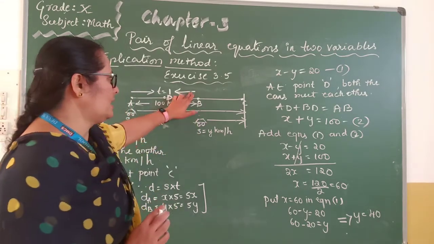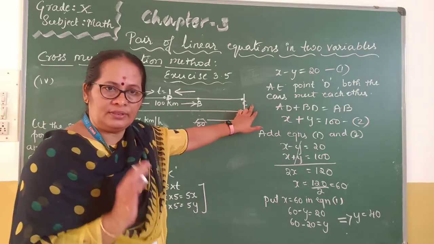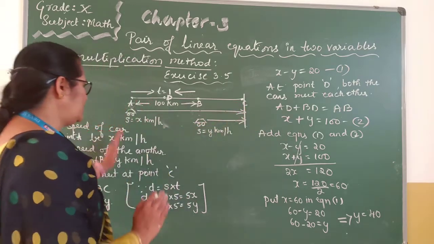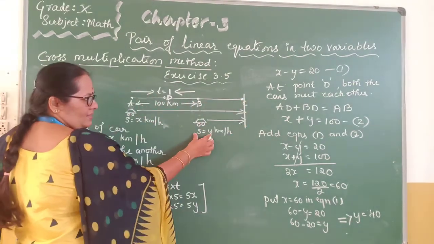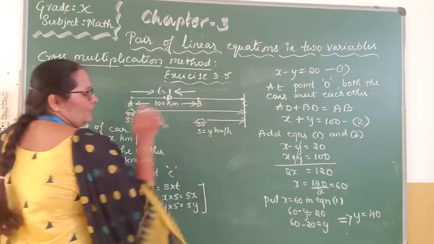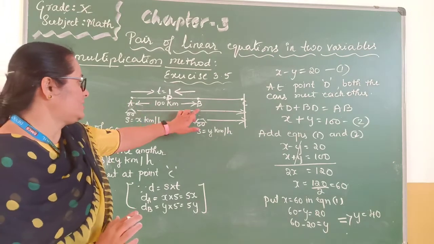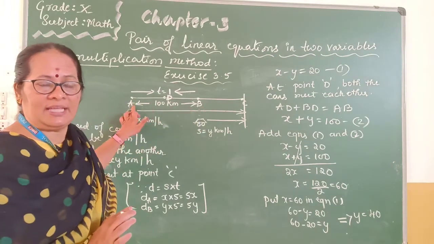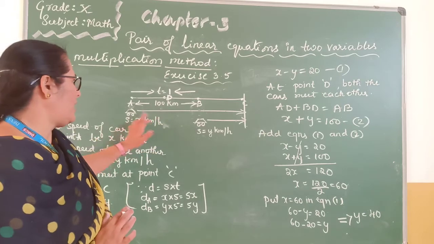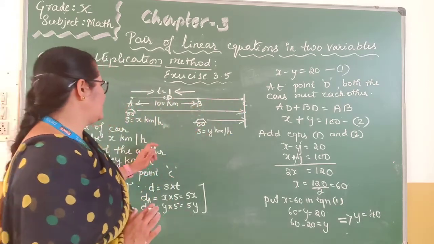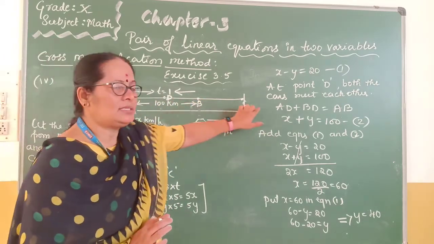Both the cars meet at point C, say. Then the distance travelled by this car is AC and the other car is BC. The distance between the 2 points A and B is given as 100 km. So AC equals AB plus BC.